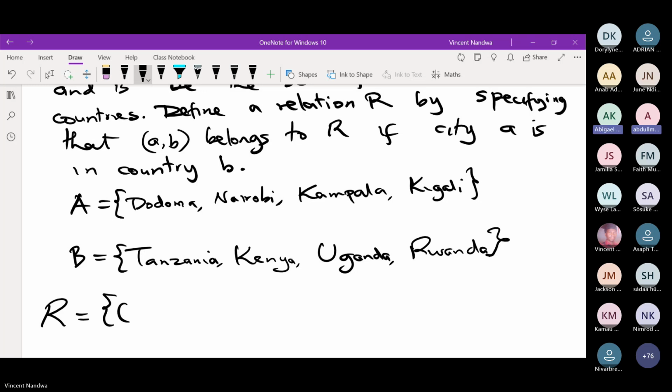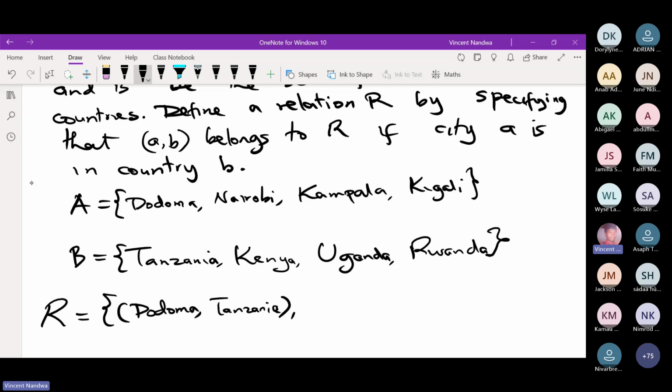Dodoma, Tanzania, correct? From the framing of the question, can we have an element like Dodoma, Kenya? No, because Dodoma is not found in Kenya, correct?